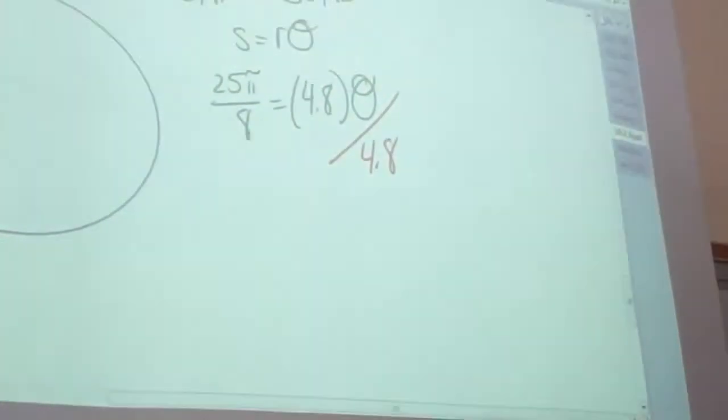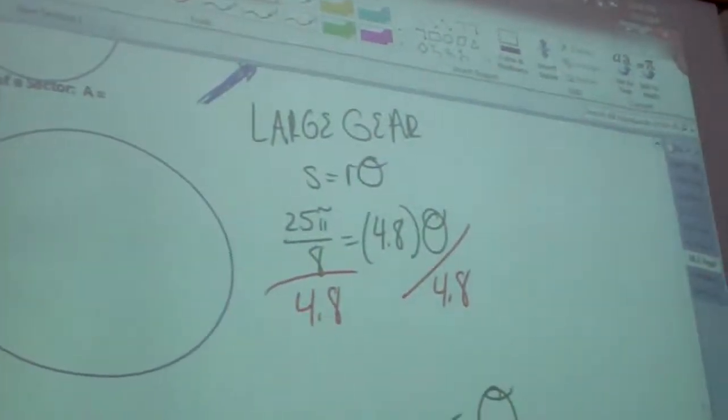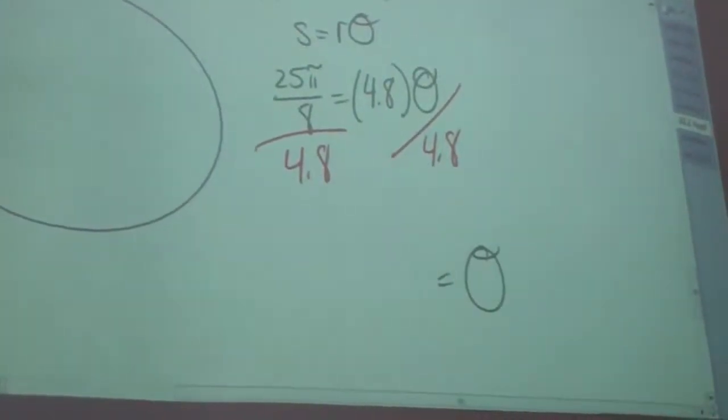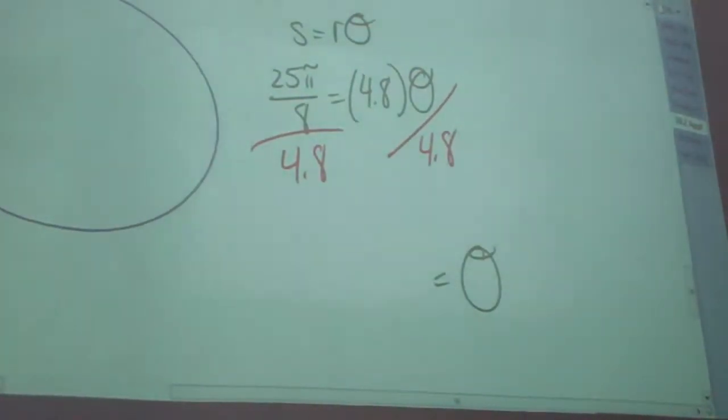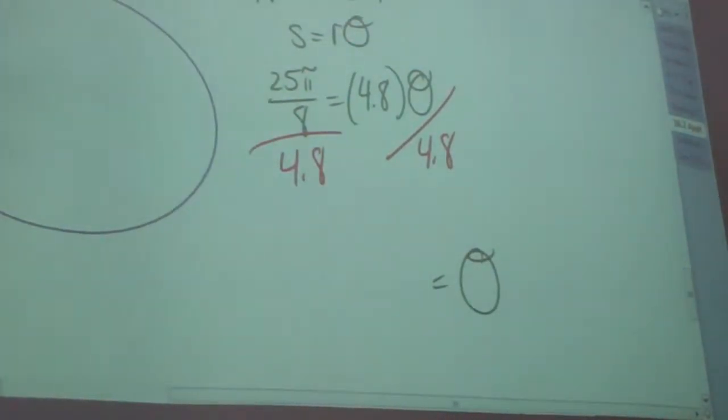Okay, so from here, you want to divide by 4.8. Theta gives us what? 2.05?